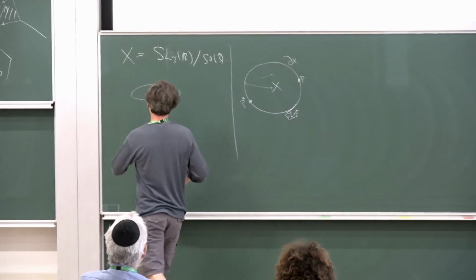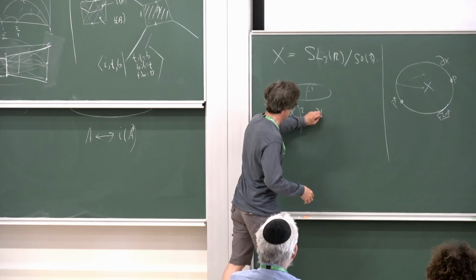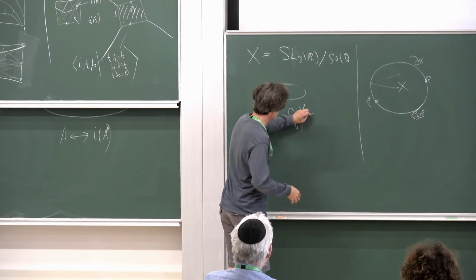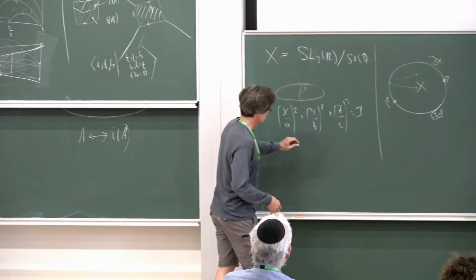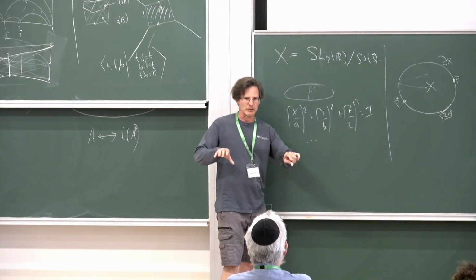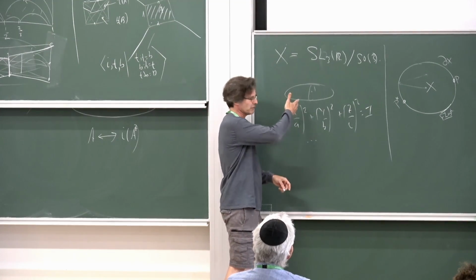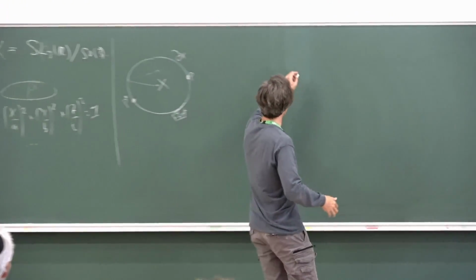Equivalently, it corresponds to the ellipsoids of the form x over a squared plus y over b squared plus z over c squared equals 1, etc. So just the ellipsoids that are aligned with the coordinate axes, that subset is a flat in this symmetric space. And so this is a copy.